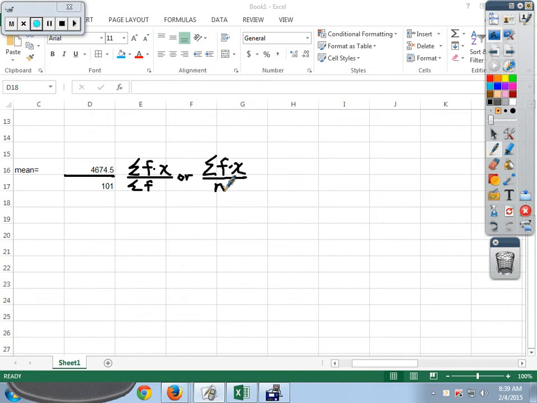There it is. Now somebody calculate that. What do you get? 46.3. And that is your mean. That is the number that has no variation across your data.